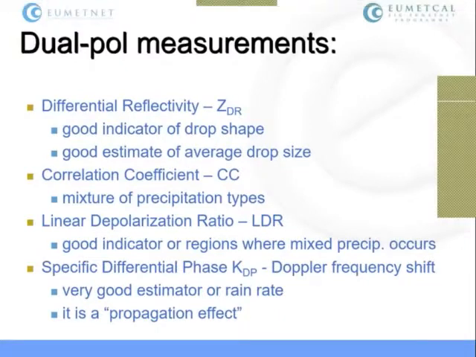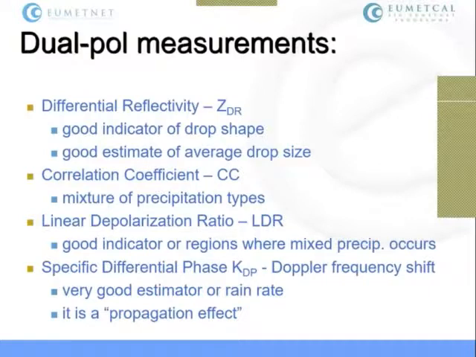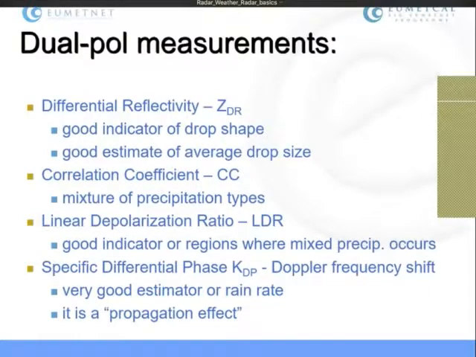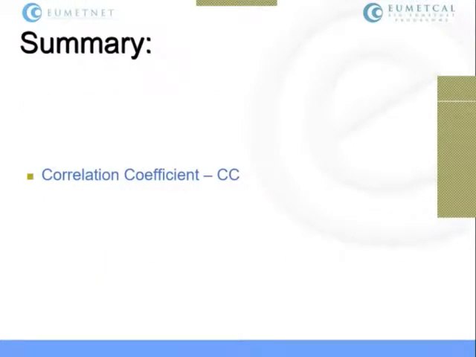You can use the correlation coefficient, which can give you information about the mixture of precipitation types, and it is very good at discriminating non-meteorological from hydrometeorological targets. And you can have other parameters that are very good in estimating the rain rate and following the rainfall accumulation.